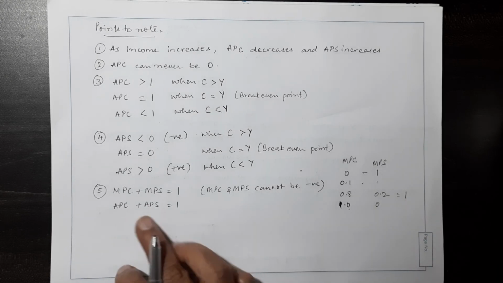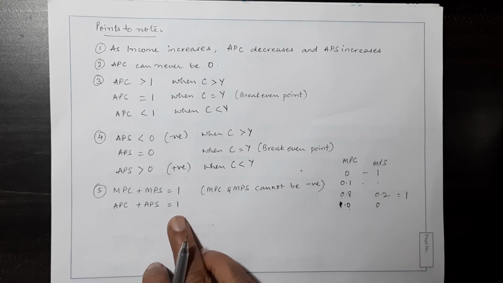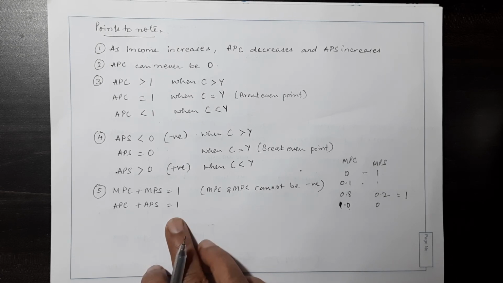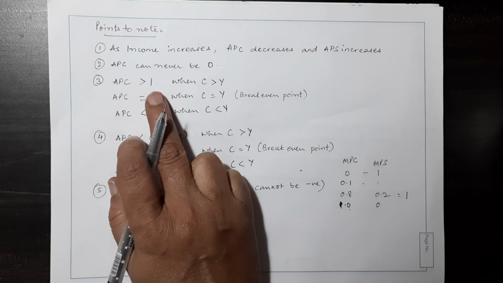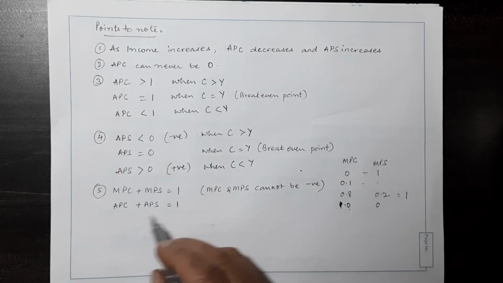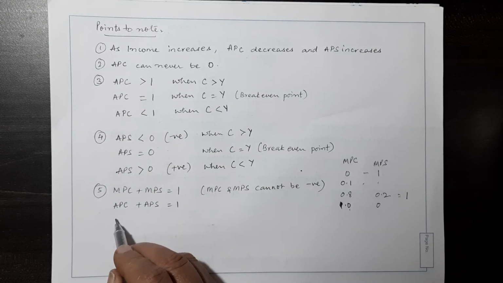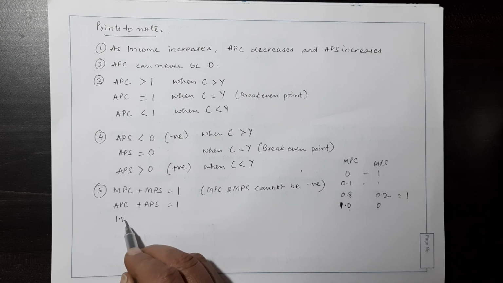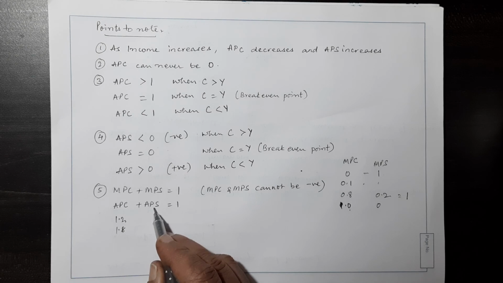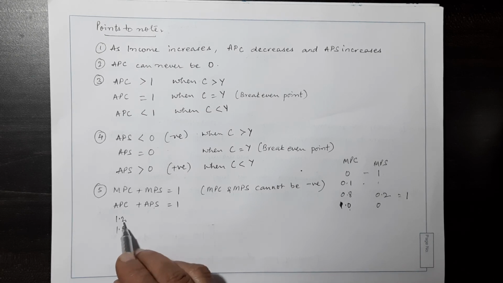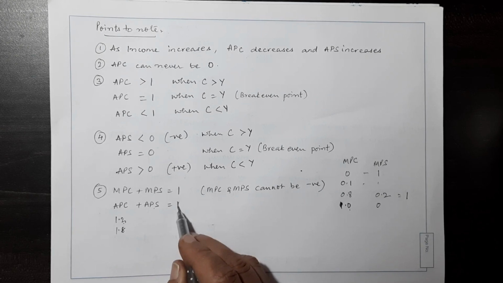Now, APC plus APS is also equal to 1. But what we have to note over here is that APC can be greater than 1. So, it can attain the value, let us say 1.2 also, or 1.8 also. In that case, what will be the value of APS? When APC is 1.2, the sum has to be equal to 1, isn't it?